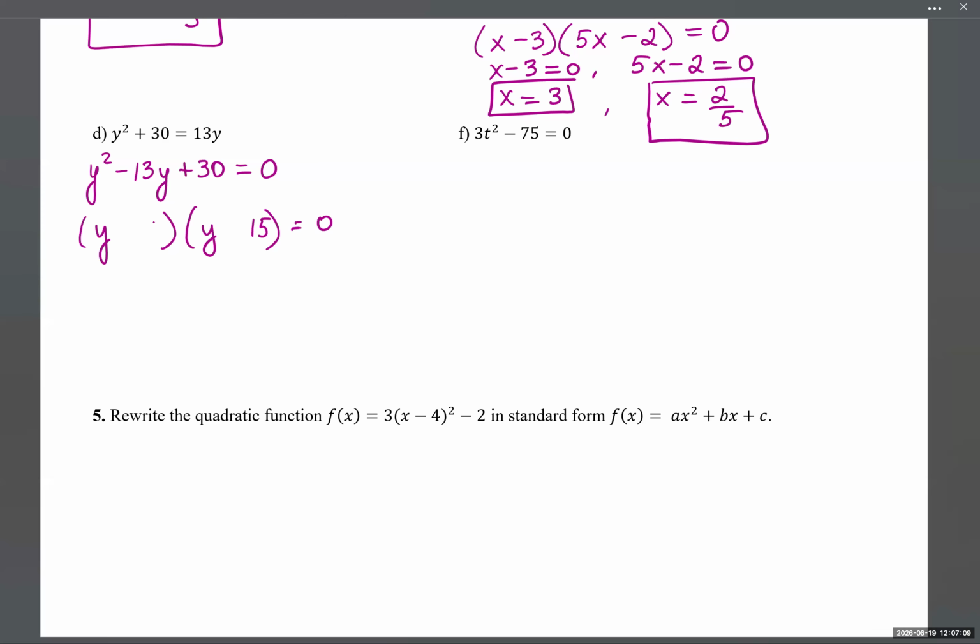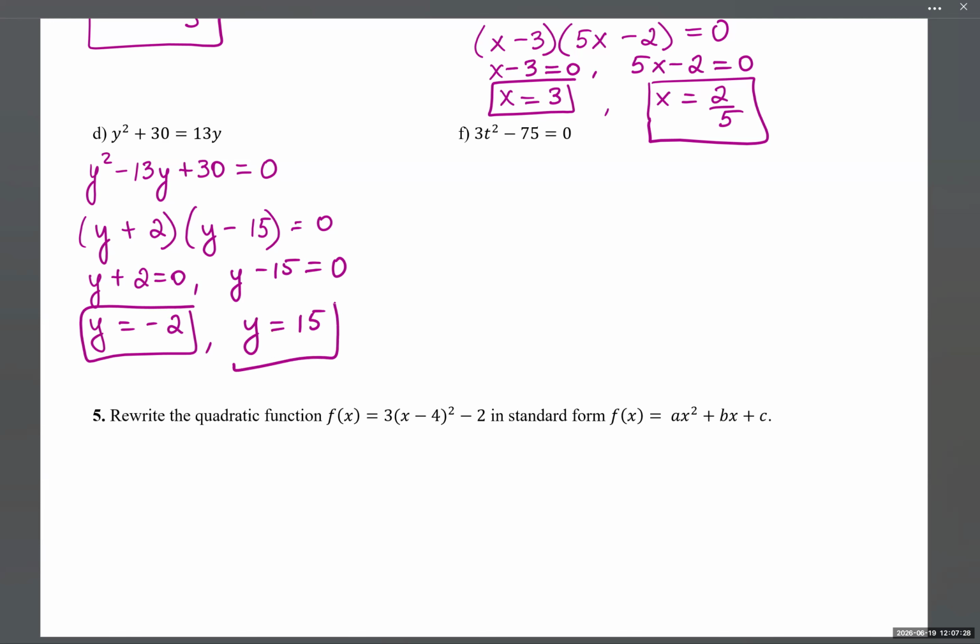It's still 15 and 2, but this time 15 is negative, but 2 is positive. So y plus 2 equals 0, y minus 15 equals 0. So y is negative 2, or y is 15.